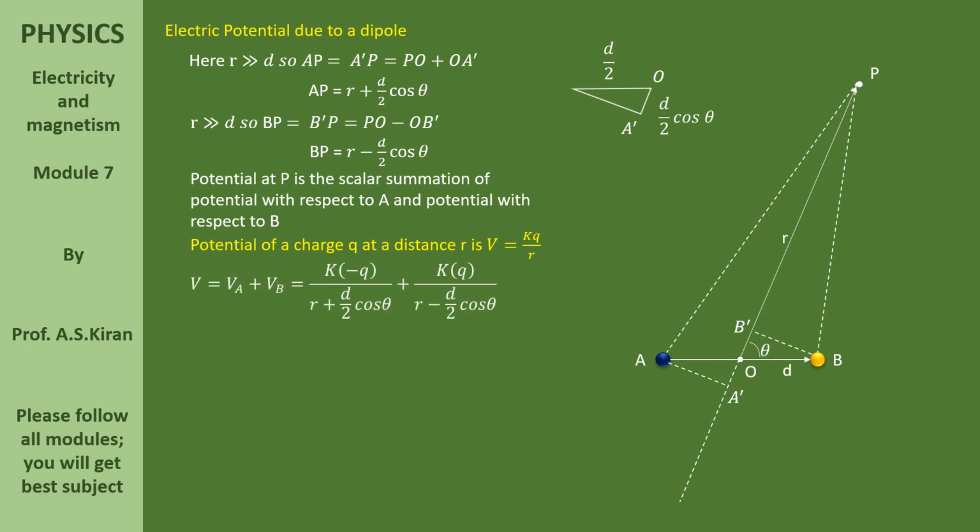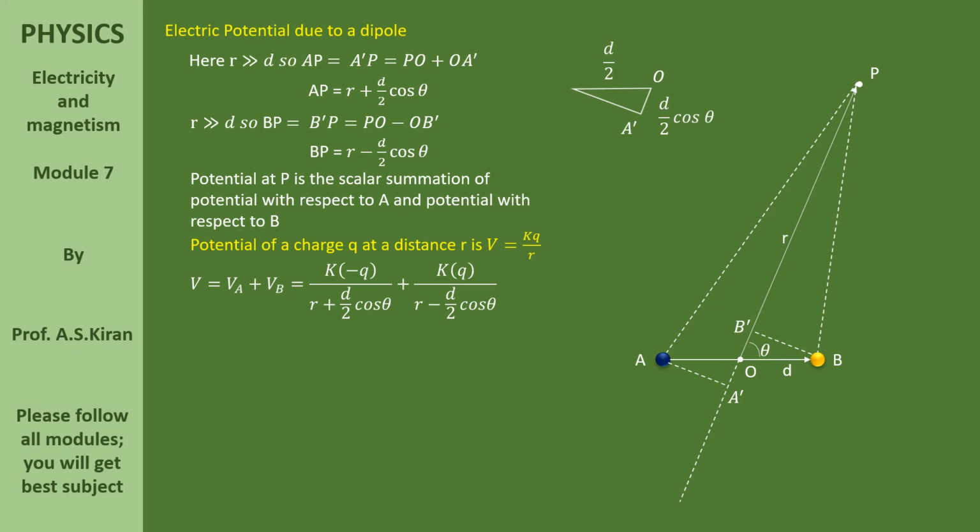Now, here we are going to find the net potential at P. Net potential at P is the summation of potential of A and the potential of B. Here, potential of A is K minus Q. See, at the point A, what is the charge? Minus Q. Of course, what is the formula?